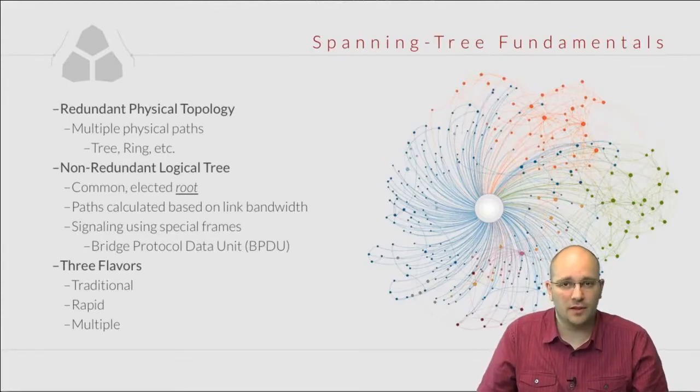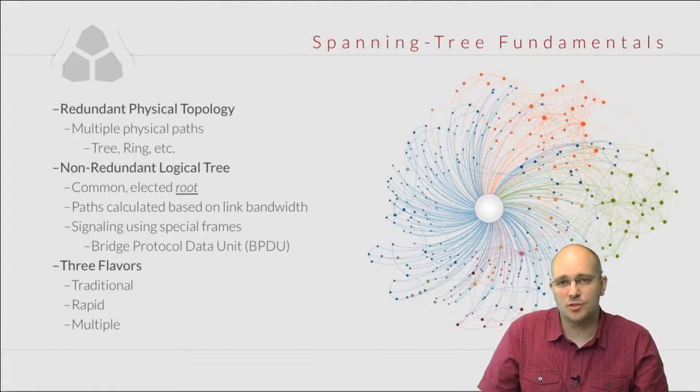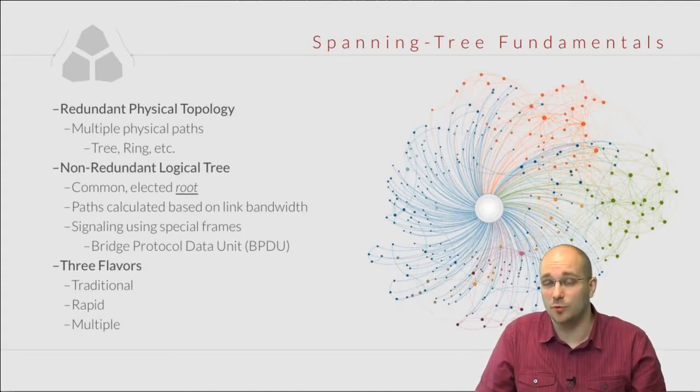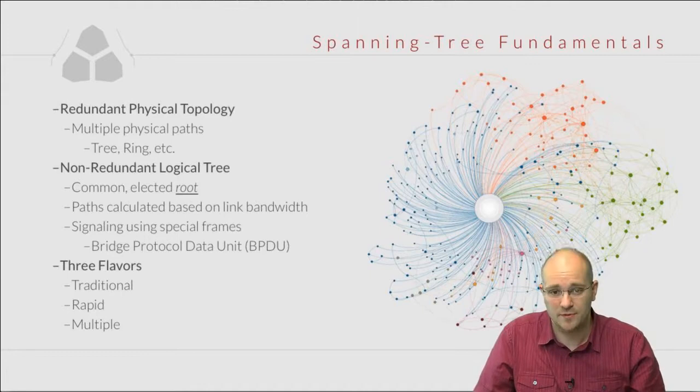From a very fundamental standpoint, spanning tree allows us to have a redundant physical topology, just like the ring I showed you before, while allowing us to build upon this redundant physical topology a non-redundant tree-like topology, the logical topology that is going to be used by our network, and avoid bridging loops as described.